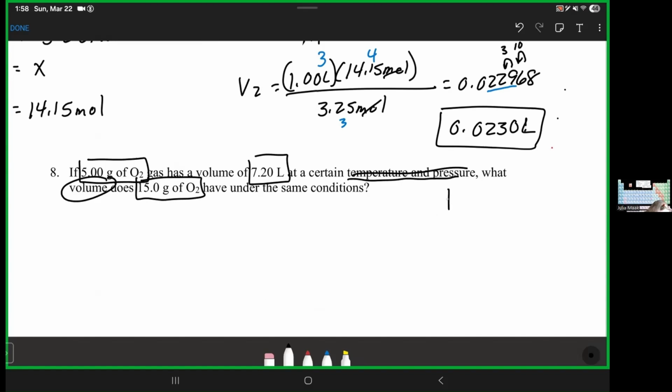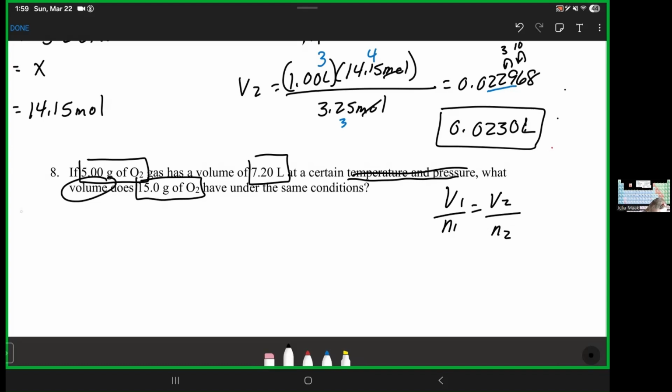Okay, so again, P1, V1, since moles were mentioned, we're going to put it in there. Okay, and they said at a certain temperature and pressure, which means those were held constant, so we can get rid of temperature and pressure.